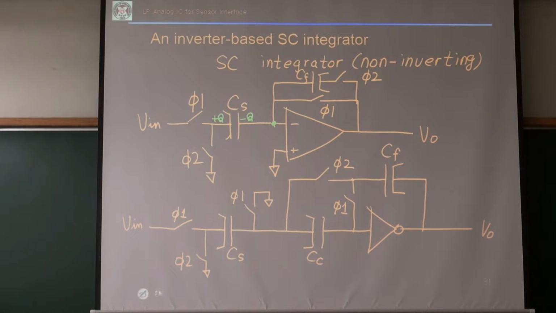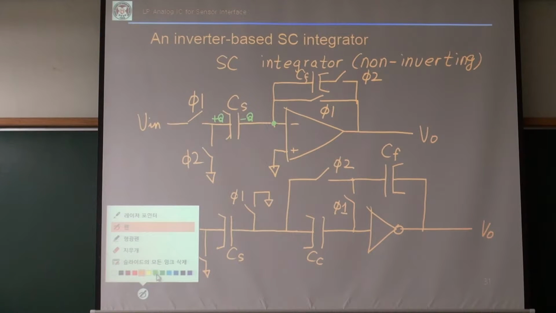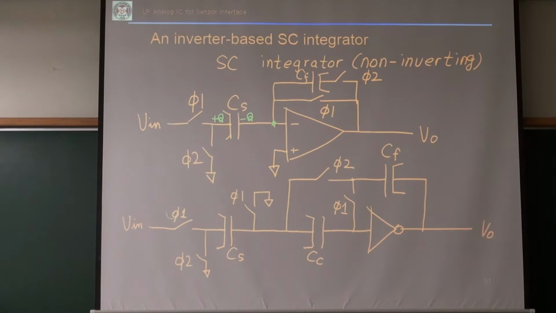During the phi 1 phase, this is 0, and this is VDD. Then I have a Q sampled here. My Q is just CS times Vin, right?